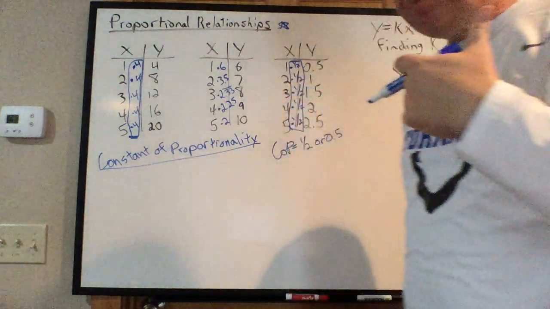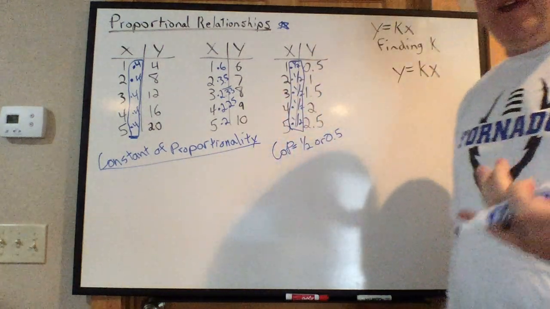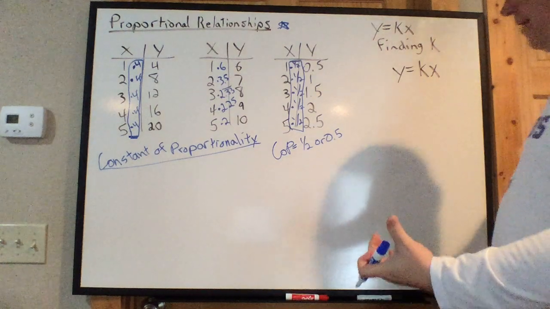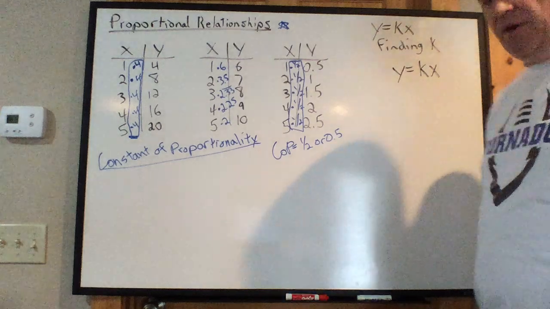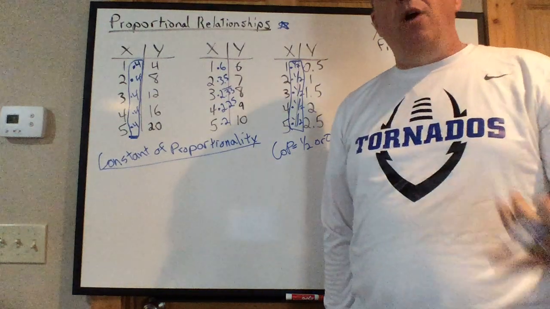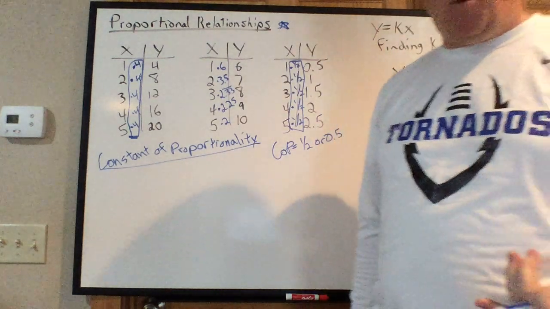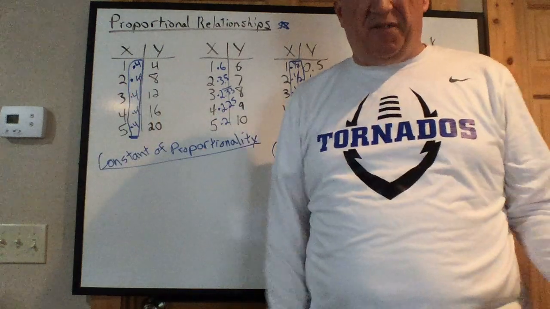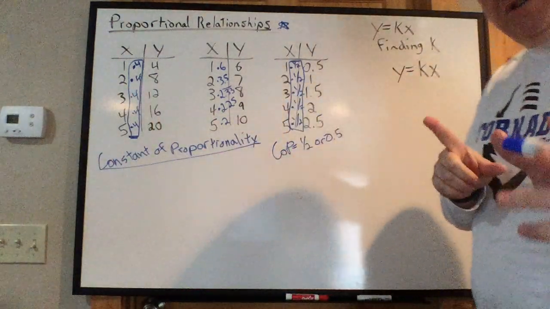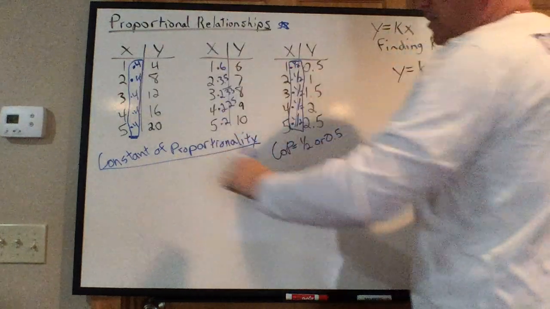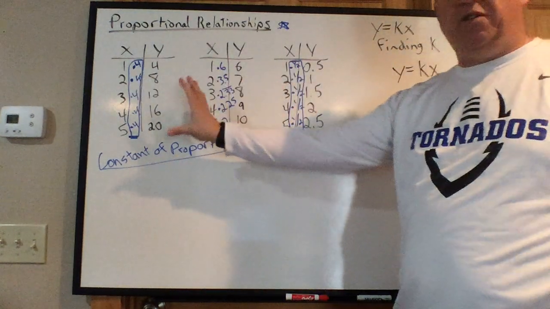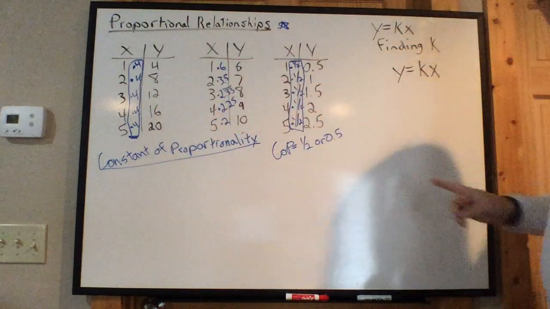Now, what happens if you're given an equation? You have y equals kx. How do we determine what our constant of proportionality is if it's really difficult to find? There's an easier way than going through all that time-consuming table. I just want you to make sure that you know the table works, but there is a little bit easier way.